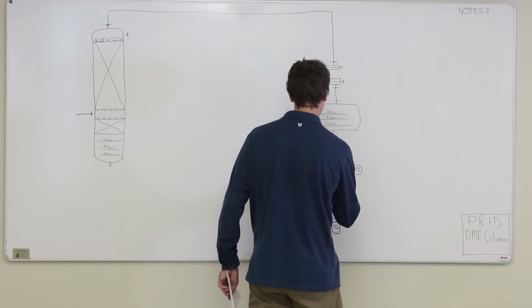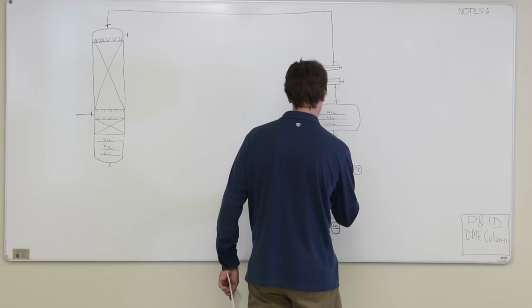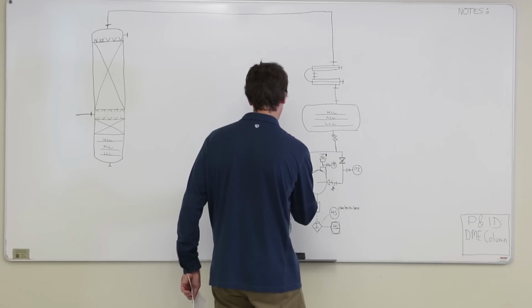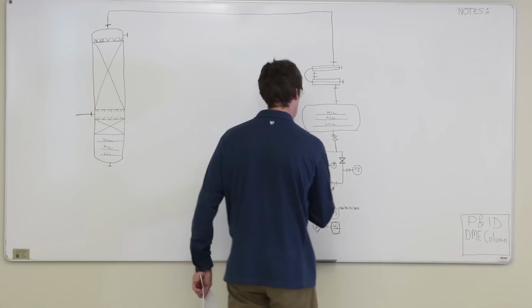Then I need a check valve. Check valves allow you to start the pump up and prevent flow from going backwards through the pump when it's online but not running.